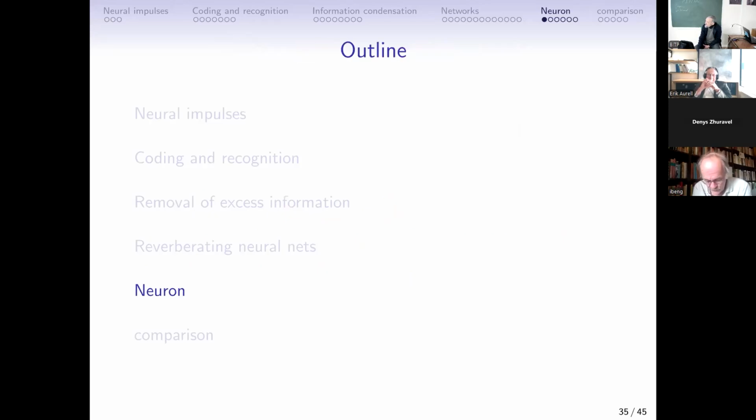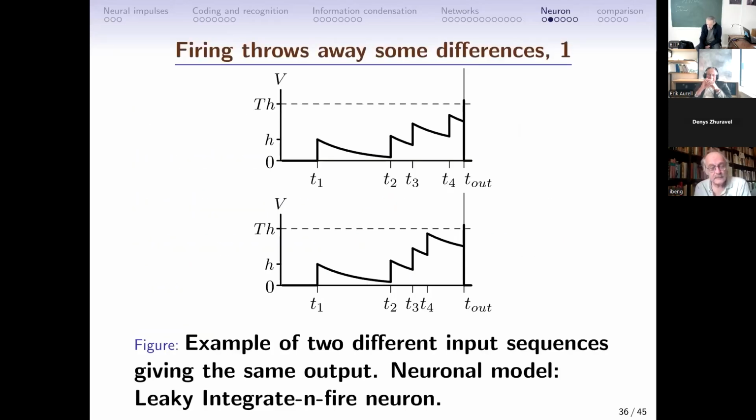And indeed, the firing may be the reason for merging, but not every firing results in merging. Here we see two different spike trains applied to a single neuron, the same neuron. The difference is only in the arrival time of spike number 4, here and here.